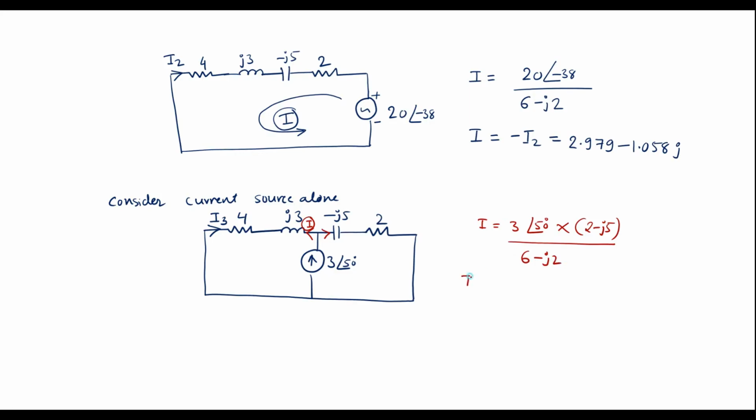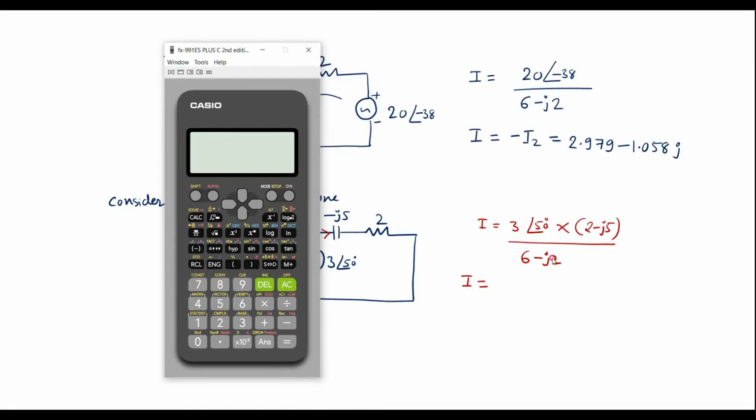Let me simplify this. I is equal to, in brackets 3 angle 50, into 2 minus 5i, press equal, it will give the numerator value, divided by 6 minus 2i, close the bracket.